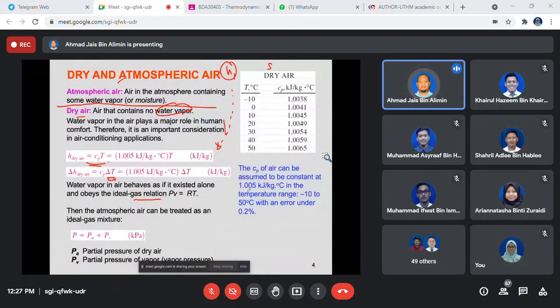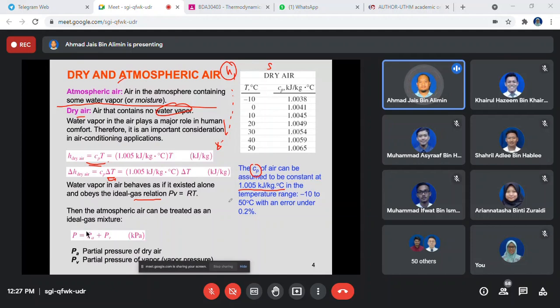It is acceptable that when you do some calculation, you can simply assume that the value of Cp is 1.005 kilojoule per kilogram degree Celsius, provided that the temperature range is within minus 10 degrees Celsius to 50 degrees Celsius.